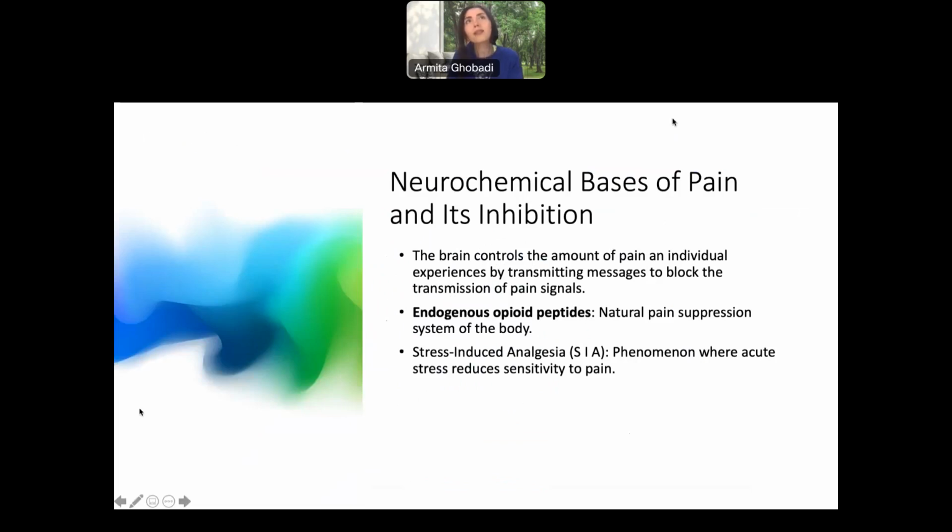So here we're going to talk about the neurochemical basis of pain and its inhibition. We already know that there are going to be some sort of processes in our brain. This way our brain helps us to not have an excessive response to some minor pain. For example, if you are experiencing a paper cut, you shouldn't be dramatic, right?